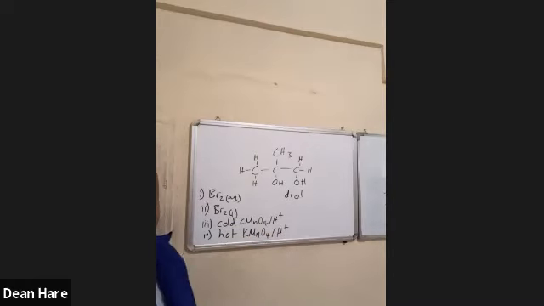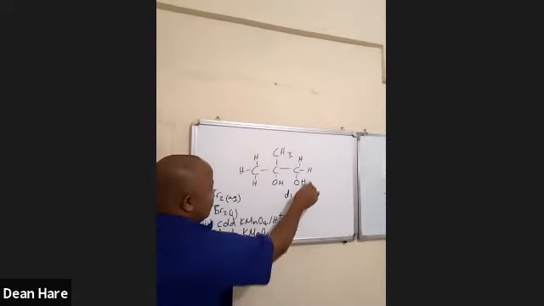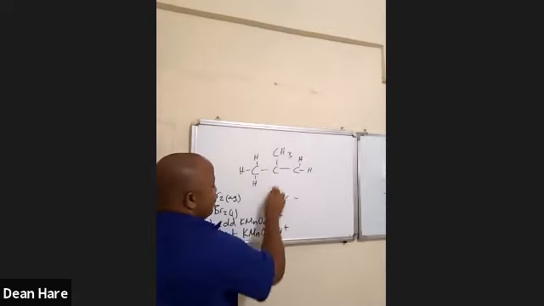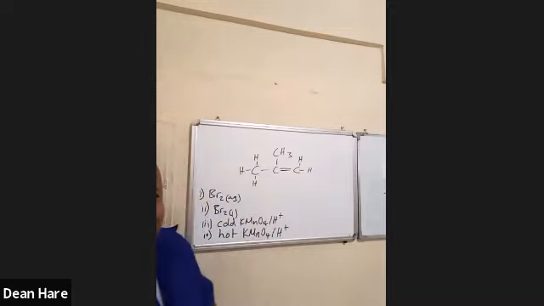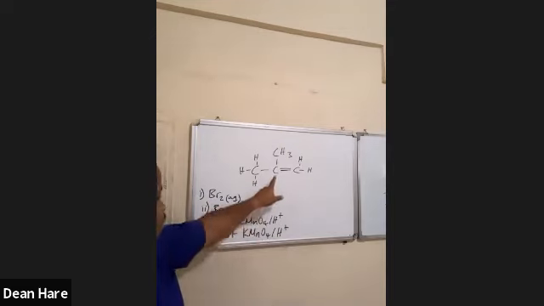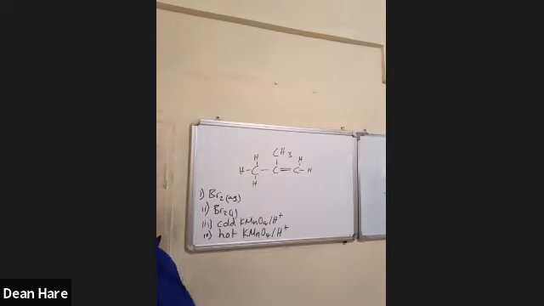Now I want you to try it and tell me what you would get if you use hot potassium permanganate. So let me put it back. That is the structure. If you use hot potassium permanganate, what would we get? You would get a ketone and a carboxylic acid, which is methanoic acid, which will be further oxidized to carbon dioxide and water.